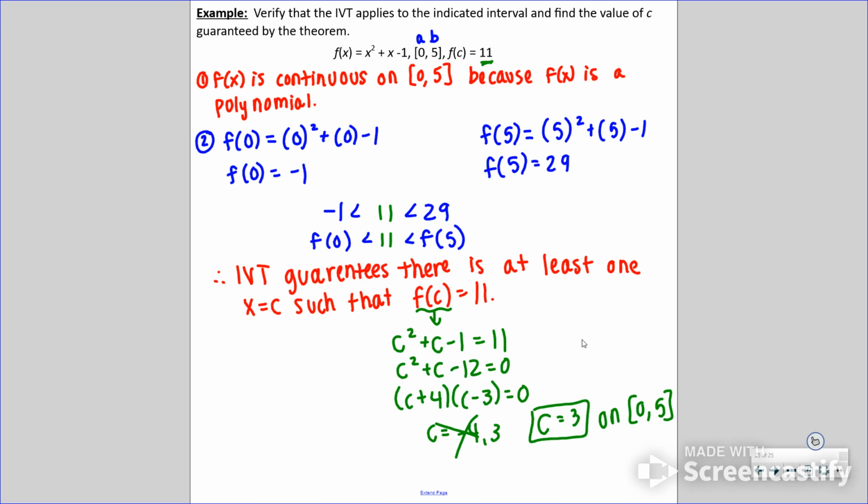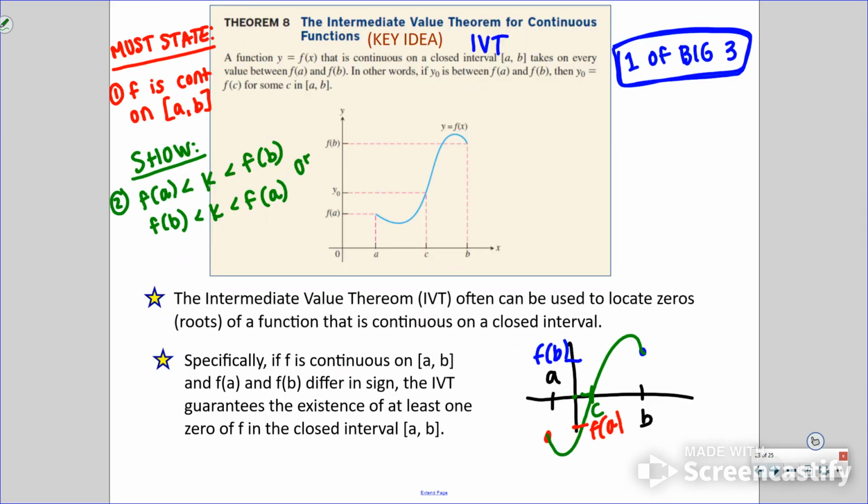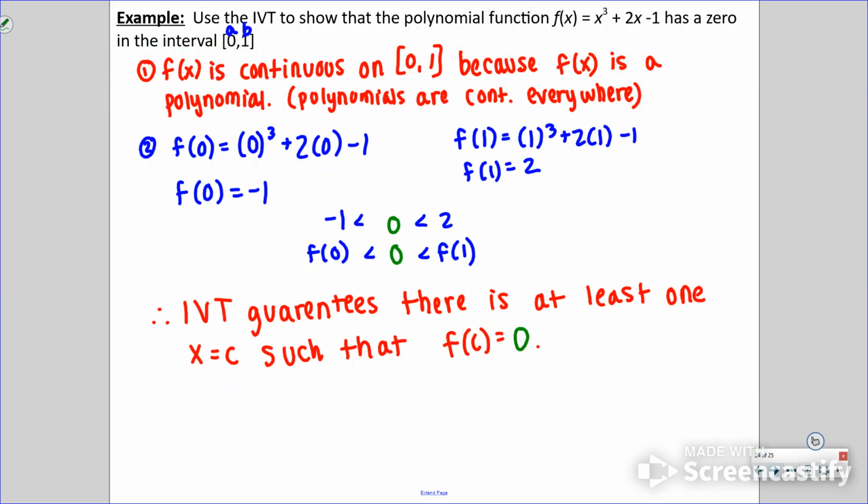So guys, if you can't solve it by hand, you can just do it on your graphing calculator. You want to do this one where you have to use your graphing calculator to solve it? Sorry, this one. Okay, might as well.